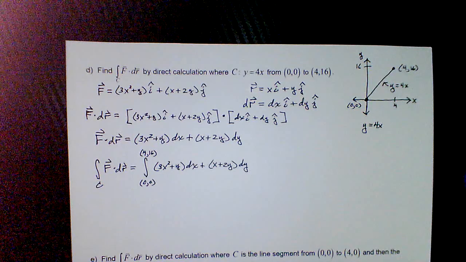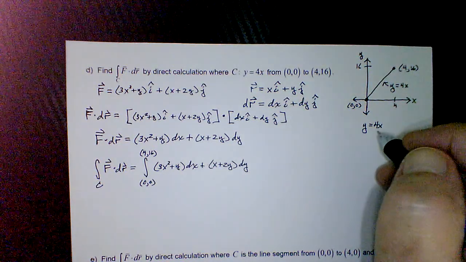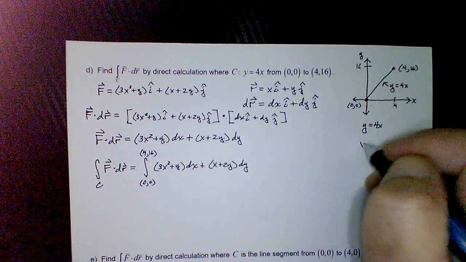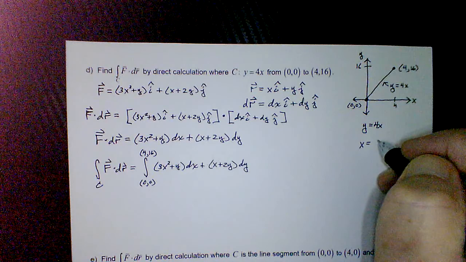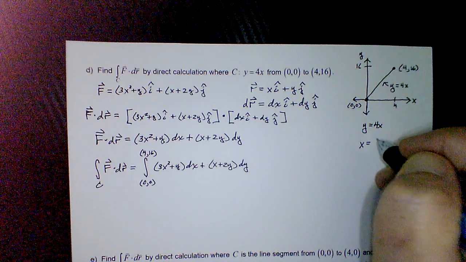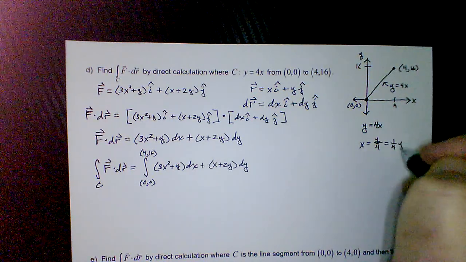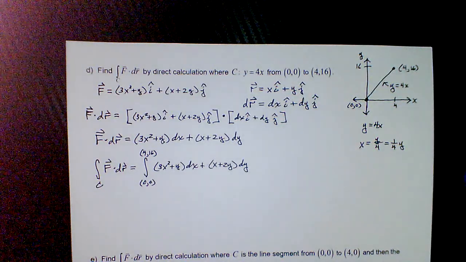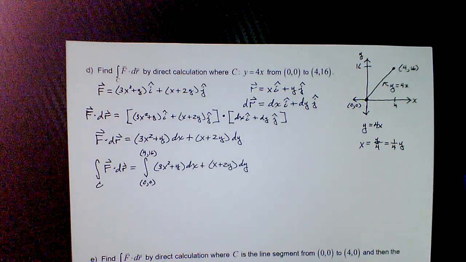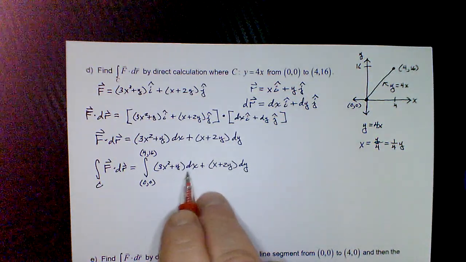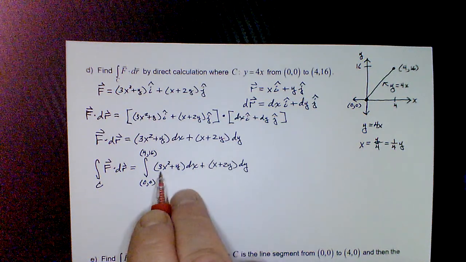And solving for x, we'd have that x equals y over 4, or 1/4 y, whatever you want to say. So therefore, this y, I want this all to be in terms of x.